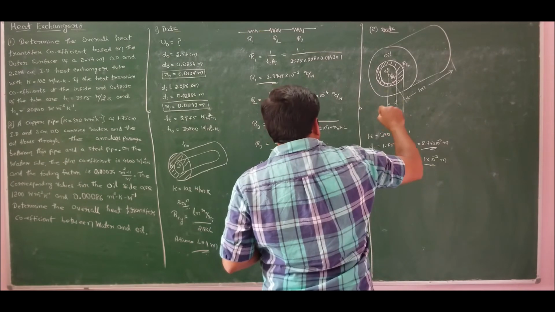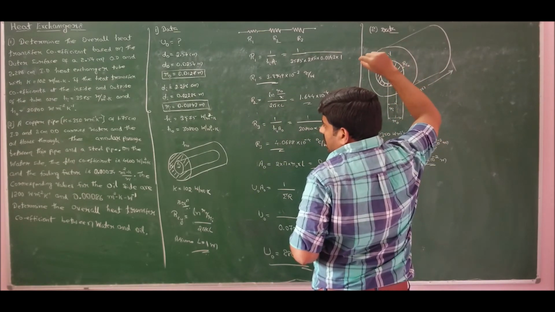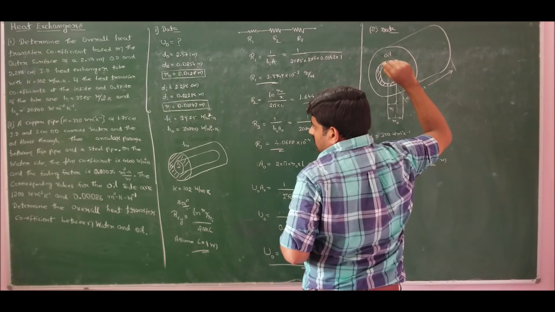So water flows through this pipe, whereas between this copper pipe and steel pipe in the annular passage we have the flow of oil.